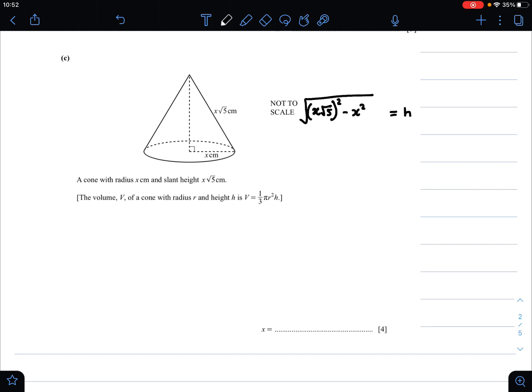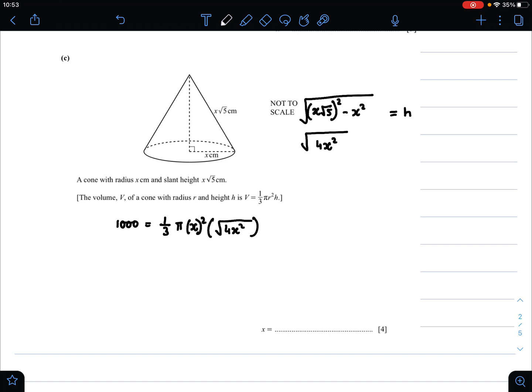So x root 5 the whole square would be 5x square, so root of 5x square minus x square, which is equal to 4x square. So we can use this as our value for h. Now the volume is 1000, which is equal to 1 by 3 pi r square, r is x, so x square multiplied by the height, which is the root of 4x square.